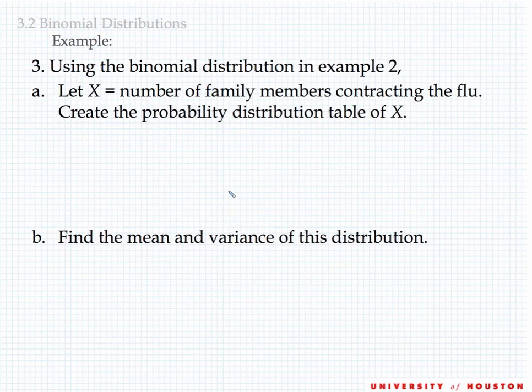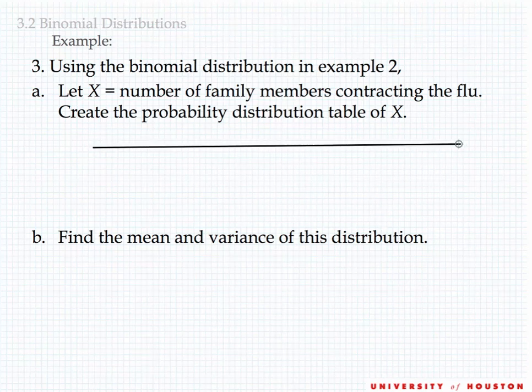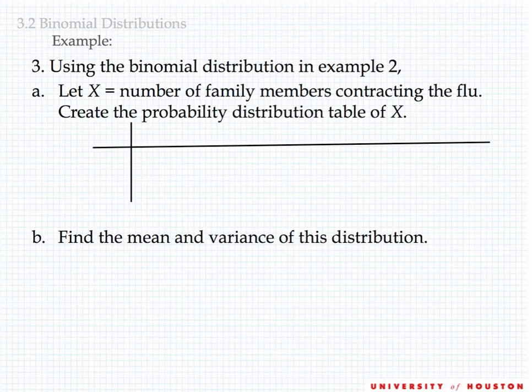Continuing this problem, letting x equal the number of family members contracting the flu, if I want to create a probability distribution table, it would look like this. So we have our random variable x, and we have the probability that x is equal to our values 0, 1, 2, 3, 4, or our maximum 5. That was our n.